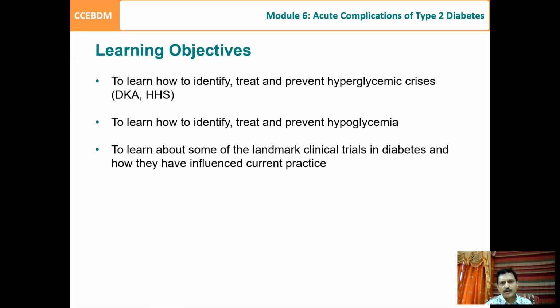We should learn to identify, treat and prevent hypoglycemia, another very common acute complication we face in our day-to-day clinical practice. And then I'll just touch upon a little bit about the landmark clinical trials through which we have learned a lot, and our understanding about the management of diabetes has changed over the past few decades.